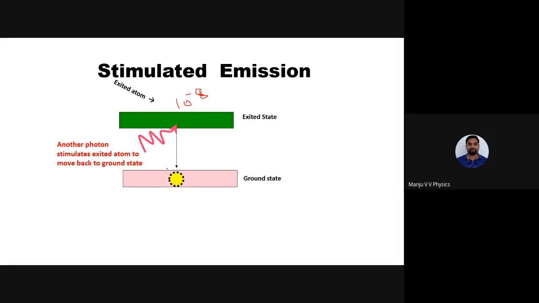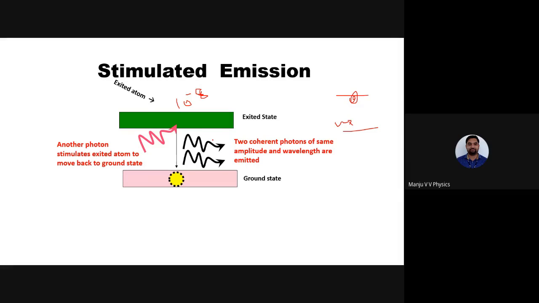Initially it absorbed some energy to be elevated. It emits two photons: one that it initially absorbed, and the one you passed to stimulate it also comes out. This one h nu, this is another h nu.